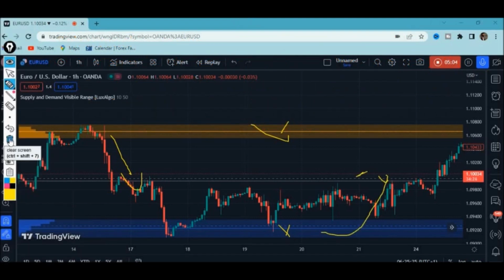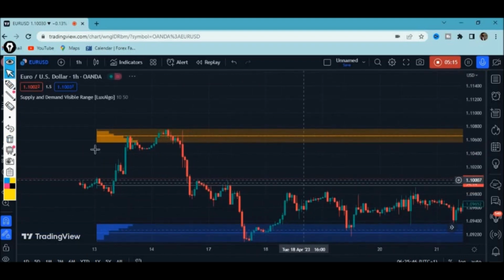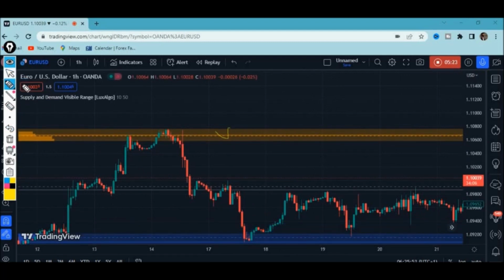So this is actually giving us a look at how we view support and resistance levels, because we're being told that when you see price reaching the supply zone, which has been tested several times, you really need to see that it has been tested, like here, the first time, the second time, and the third time at this given point. So this shows you that the market has a potential reversal to the downside.